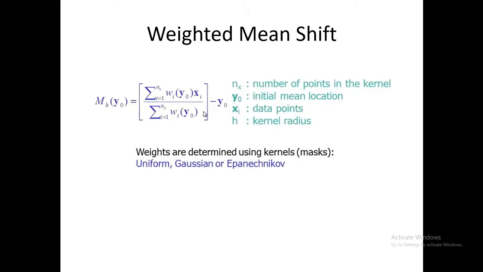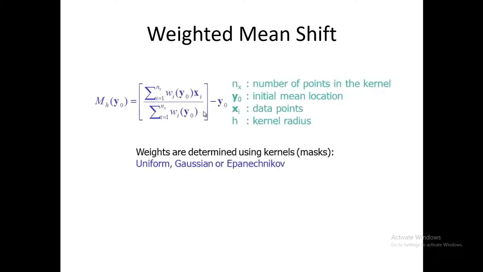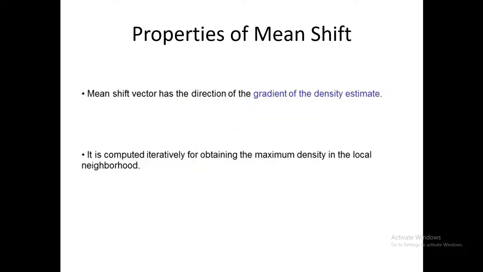And usually the weights are determined using the kernel mask, and it may be uniform or Gaussian or Epanechnikov. And if we look at the properties of this mean shift vector, it has the direction of the gradient of the density estimation, which is important, and we are going to use that.